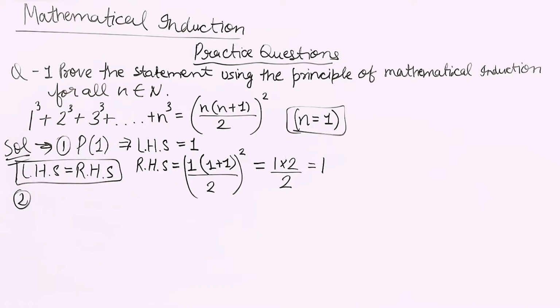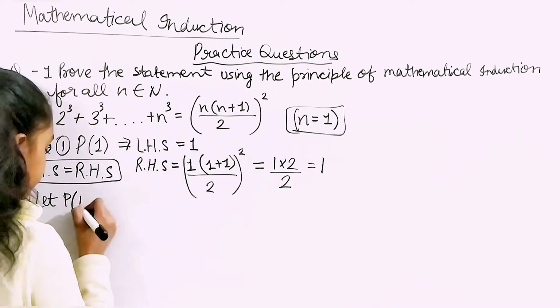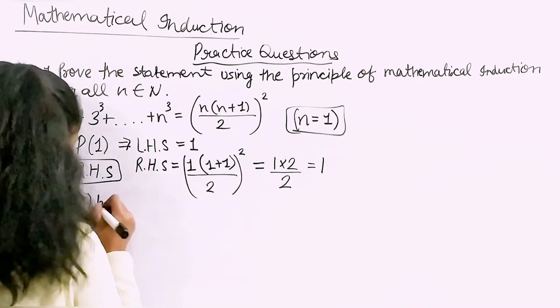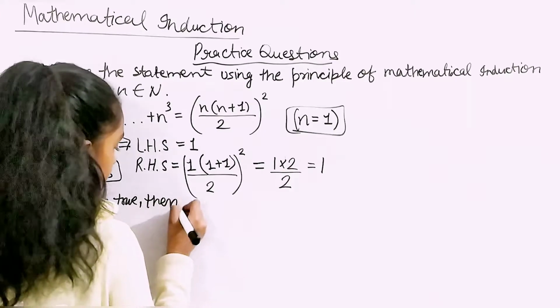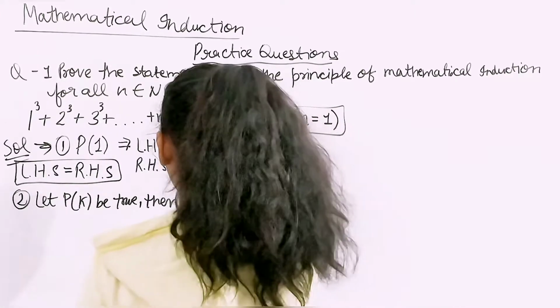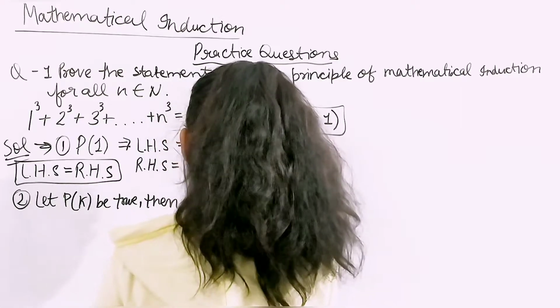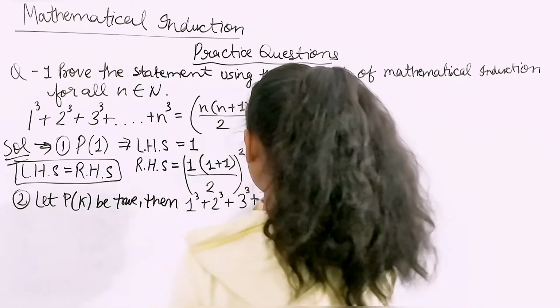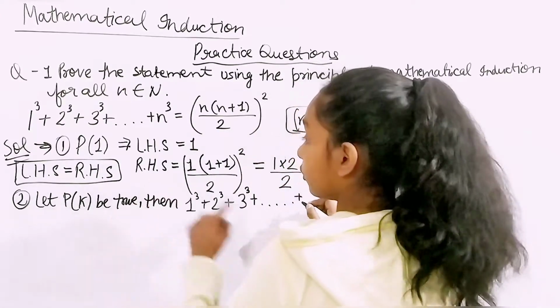So I'm going to say let P of k be true. Then it's going to be 1 cube plus 2 cube plus 3 cube plus ... till n cube. So n cube will be k cube.